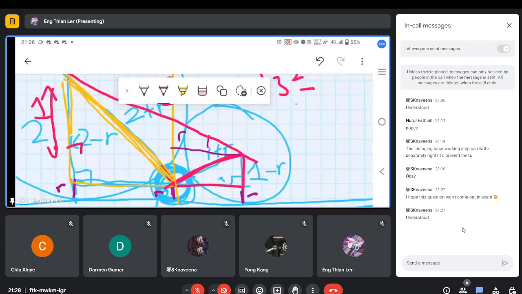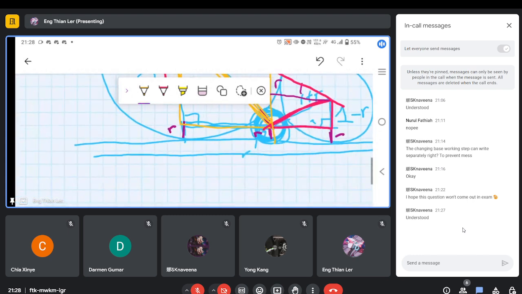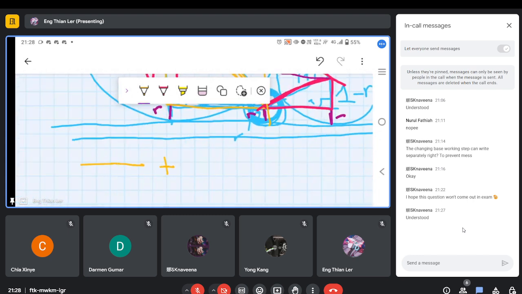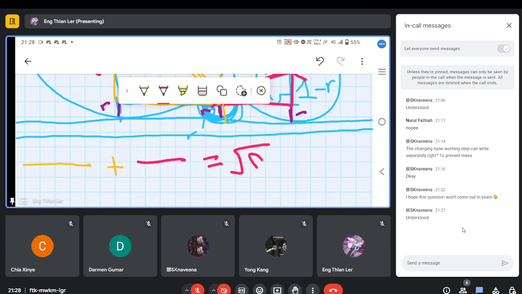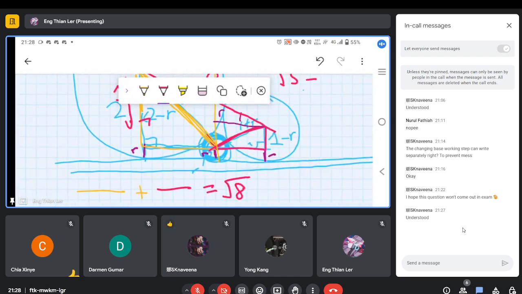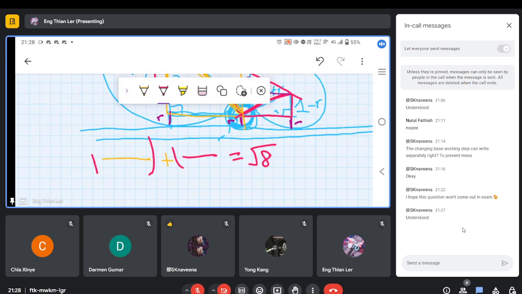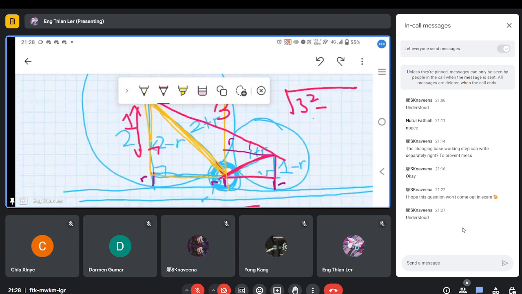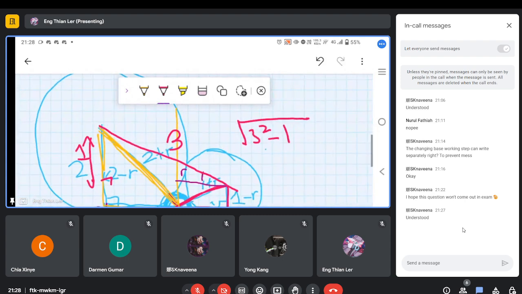But at least we know that the green line plus the red line equals the square root of 8. Now we need to solve the equation so that this line and this line make square root of 8. Anyone know why square root of 8? We use the Pythagoras theorem. Understand, right?